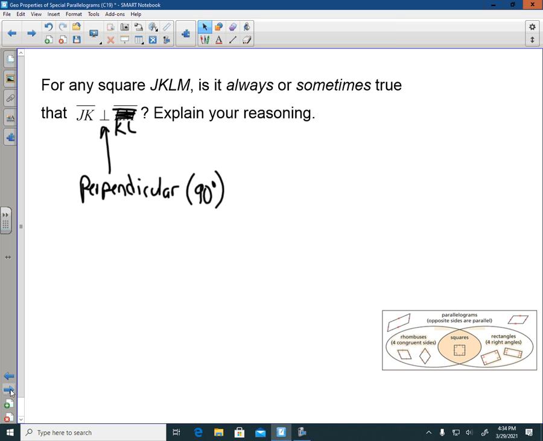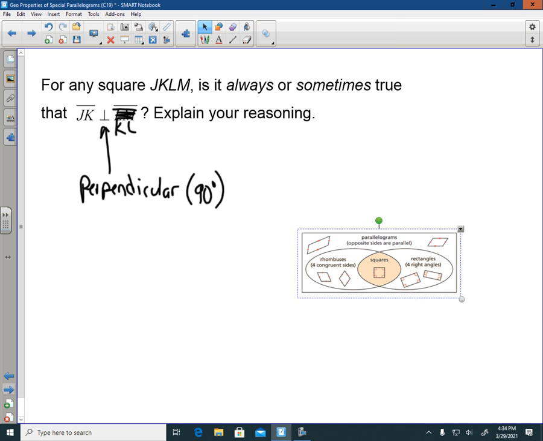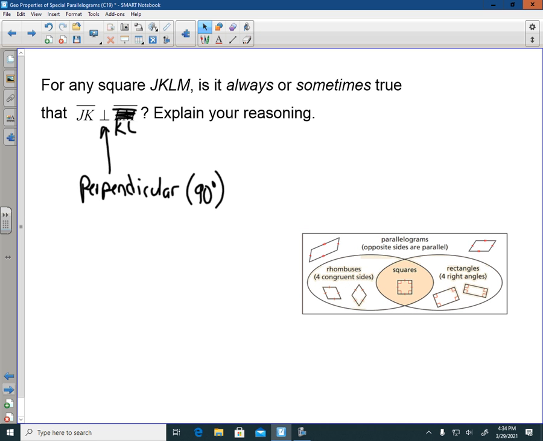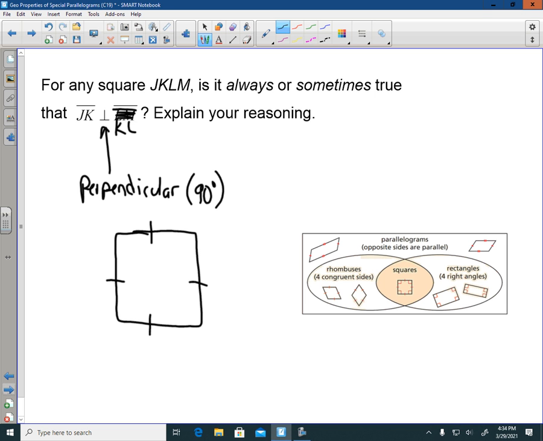So this is another time when this Venn diagram might come in handy for us. So let's draw this square. Now I don't know if that's a square or not, but if I mark it this way, then it is. I don't have to measure anything. And it's called JKLM.